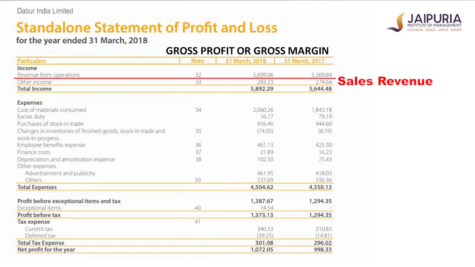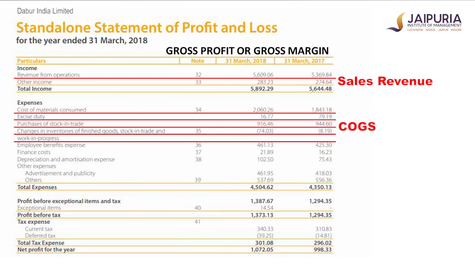Gross profit or the gross margins, which is the first level of profitability in the profit and loss statement. The excess of operating income over COGS, that is cost of goods sold, is called gross profit. Indian companies in most cases do not calculate gross profit. Cost of goods sold, that is the expired cost, represents the cost of inventory that was sold during a particular period.